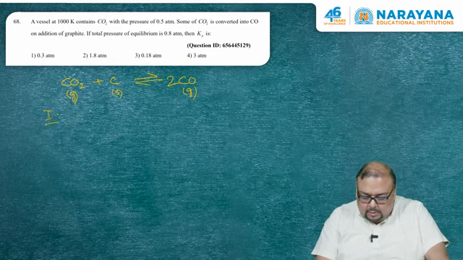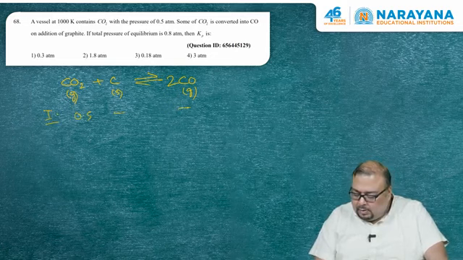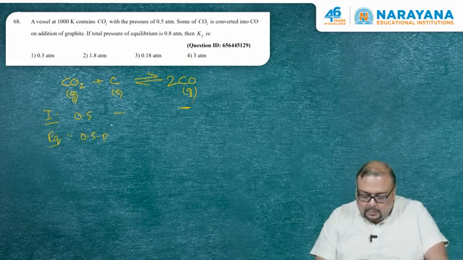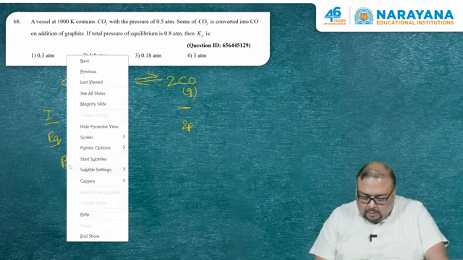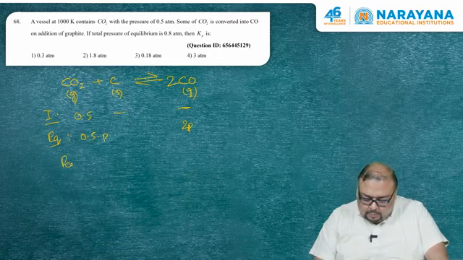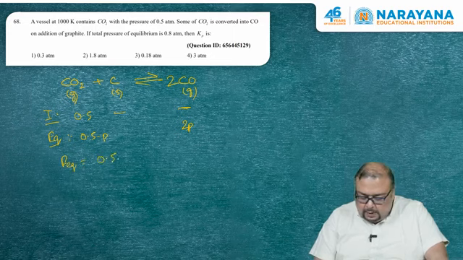Initially, the pressure is 0.5 for CO2. CO will have zero pressure initially. At equilibrium, let us say 0.5 minus P, and this will be 2P. So P total at equilibrium will be 0.5 minus P plus 2P.